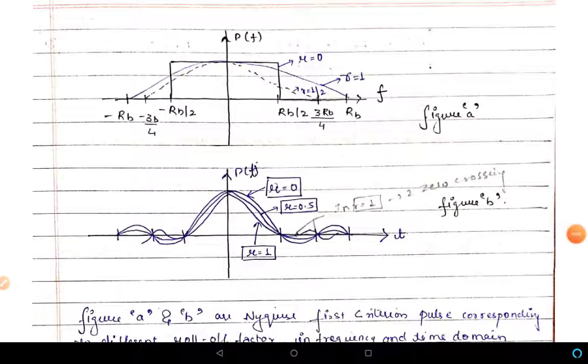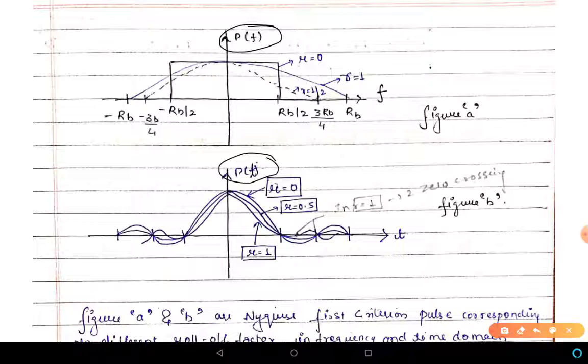And here we have shown this pulse for different values of R and its inverse Fourier transform. So here the pulse P(f) for different values of R, and here we have shown its inverse Fourier transform p(t).